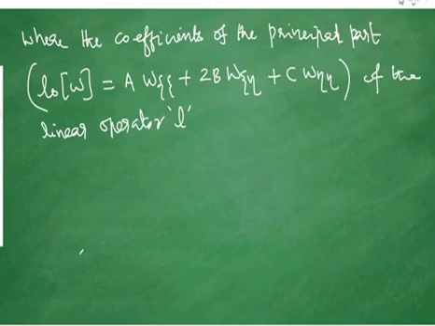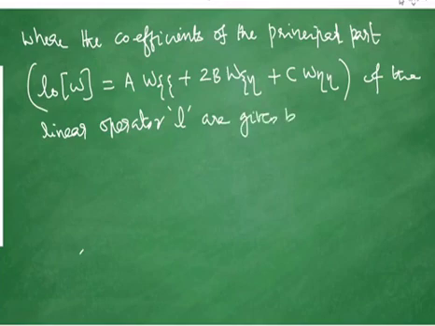Actually we need only this principal part, the coefficients of this principal part only we have to calculate, because the type of the equation is determined by these coefficients only. Type is determined by the discriminant. Discriminant contains only these terms or these functions.